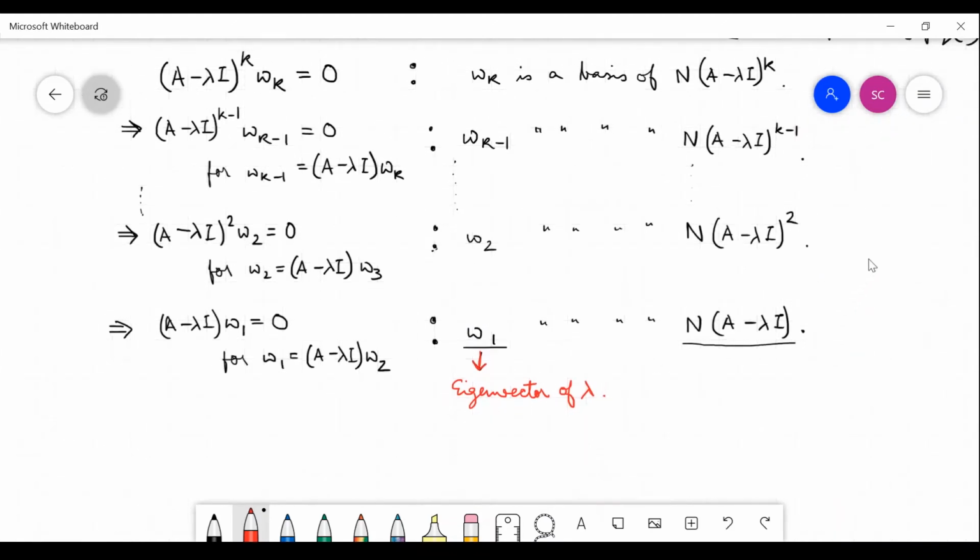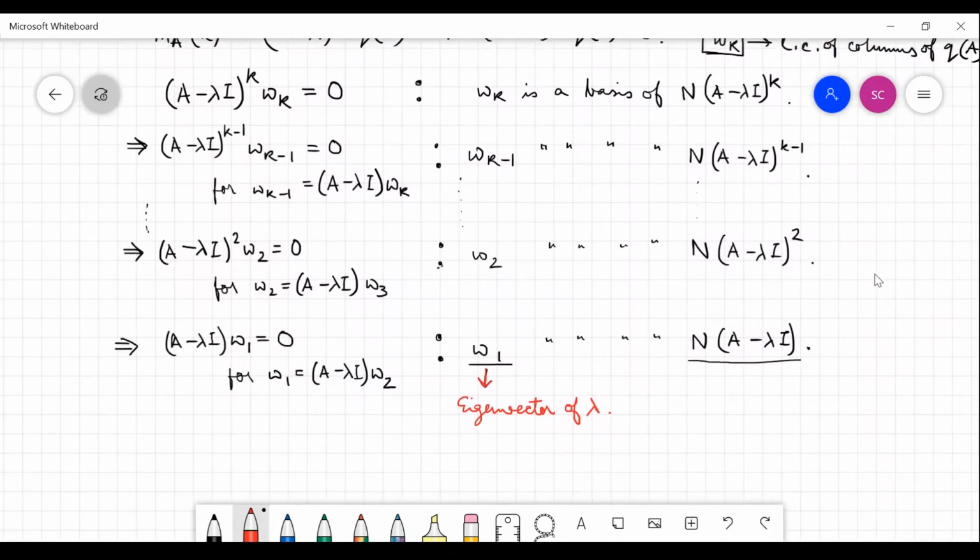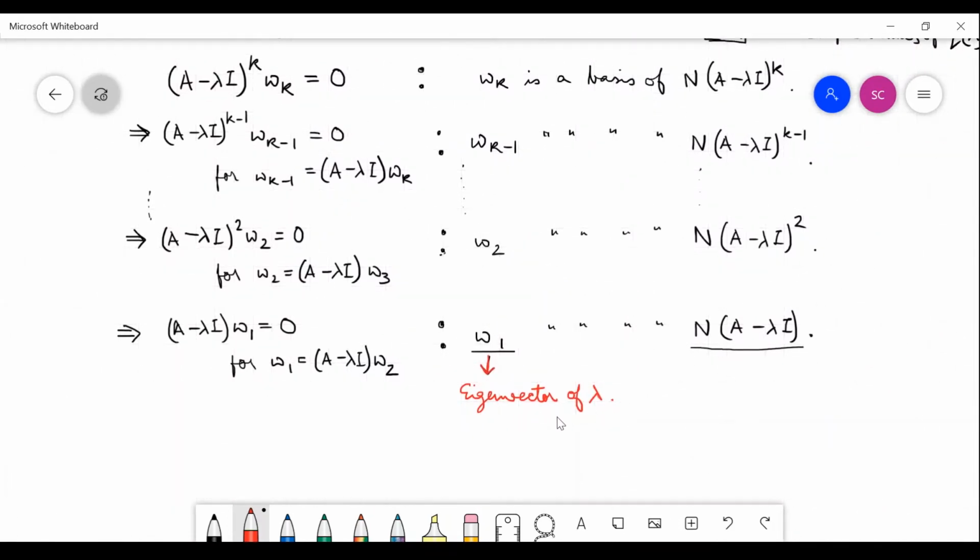So you see, starting from the minimal polynomial, we could actually come to the eigenvector of lambda.